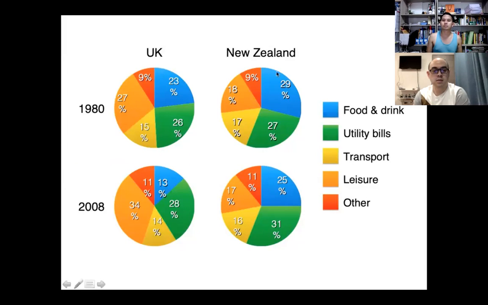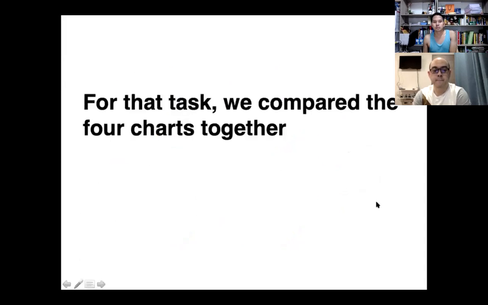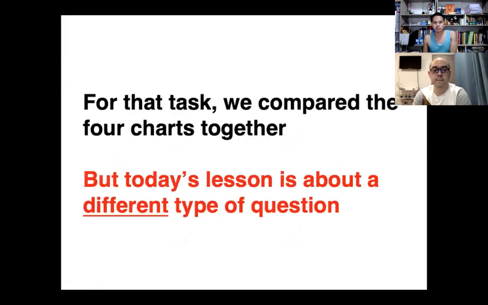UK and New Zealand and the pie, 1980 and 2008, and the subcategories. What kind of sections is going to be talked about? Food and drink, utility bill, transport, leisure time, or other parts. So for that task, we compare the 4 charts together.